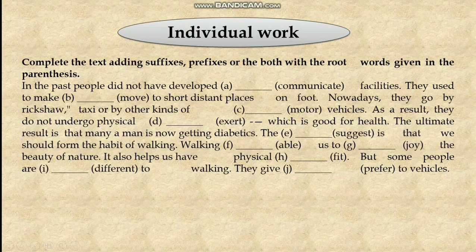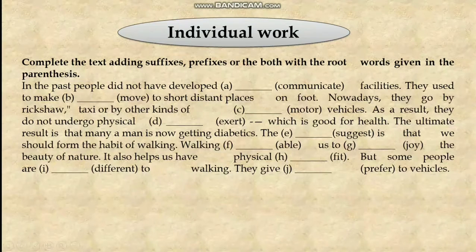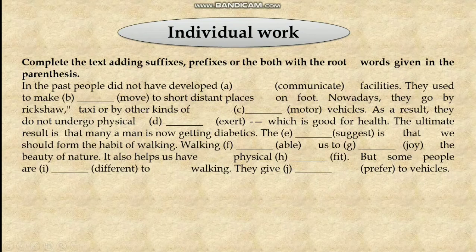Next sentence, as a result they do not undergo physical exert, which is good for health. Here the word physical is an adjective, and after an adjective we use the noun form, and the noun form of exert is exertion. So exertion is appropriate here.